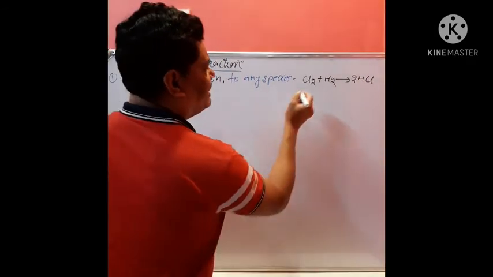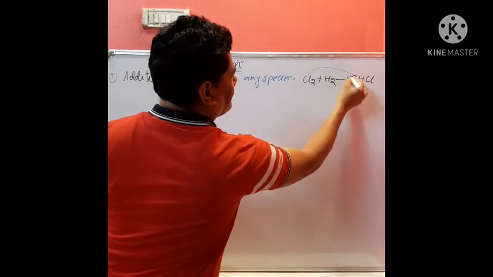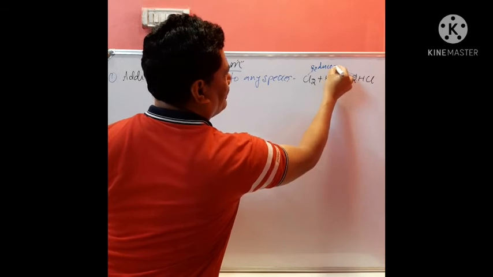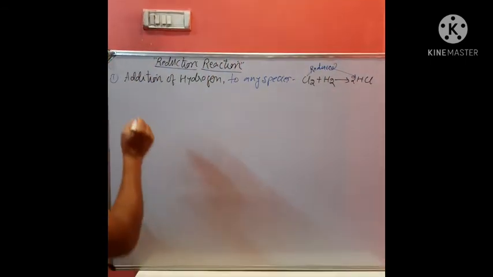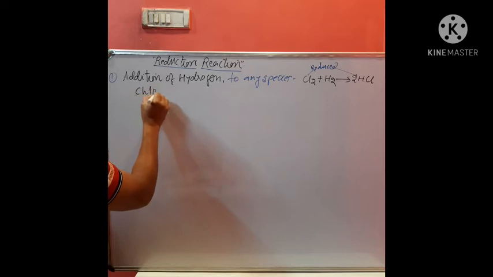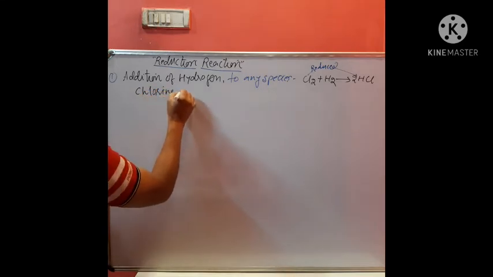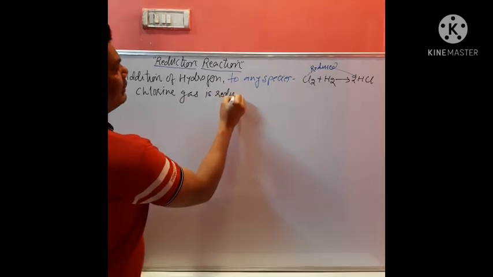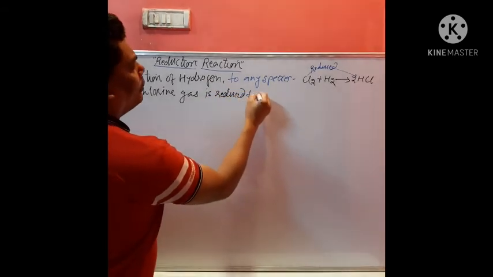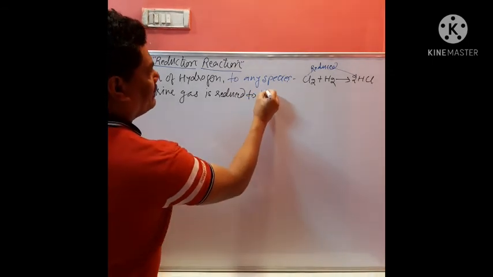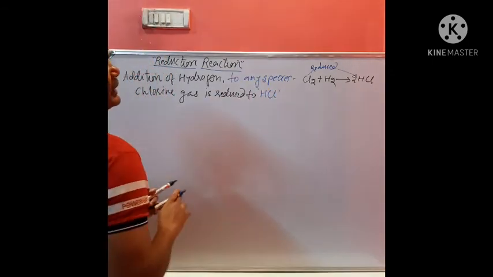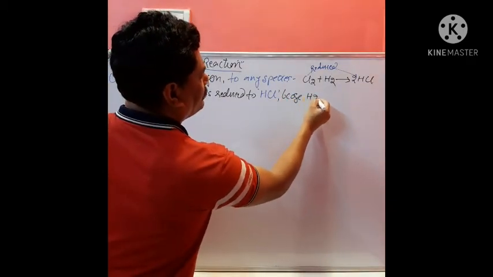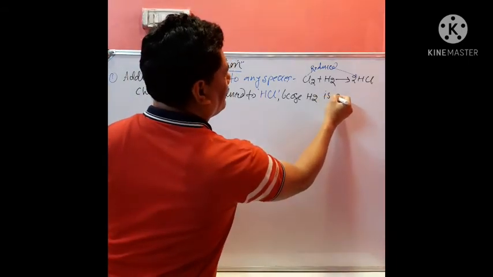So what do we say? We say that chlorine gas is converted into HCl, that is, it is getting what? Reduced. So we can say chlorine gas is reduced to what? HCl, that is hydrochloric acid, because H2 is added to it.